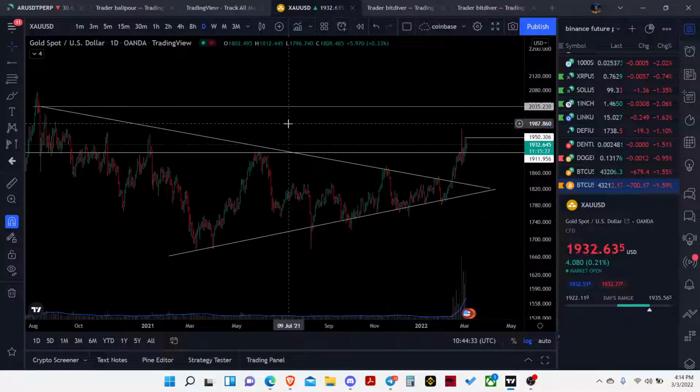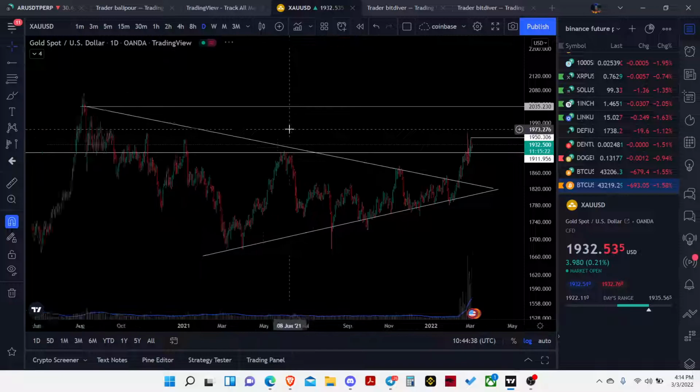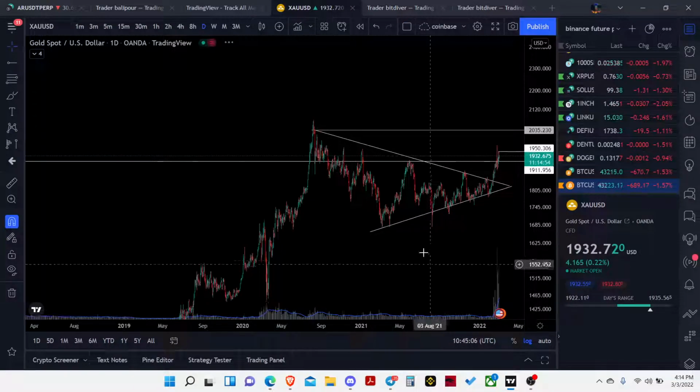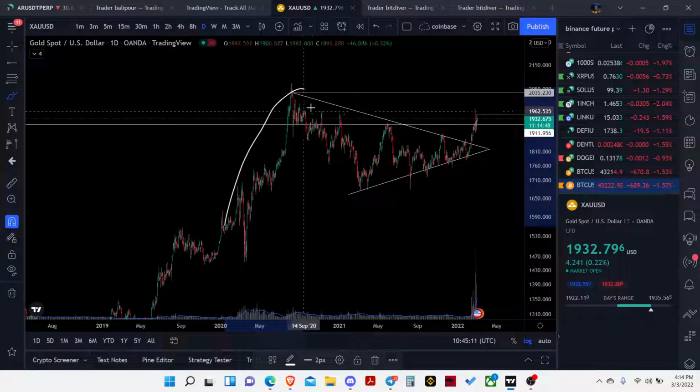Gold usually pumps in times of uncertainty in the world. It's also some sort of measurement in the case of war, or if major black swan events happen. We can even anticipate those kinds of things from the charts, because we could see with COVID-19, even in 2020, big spikes in gold.